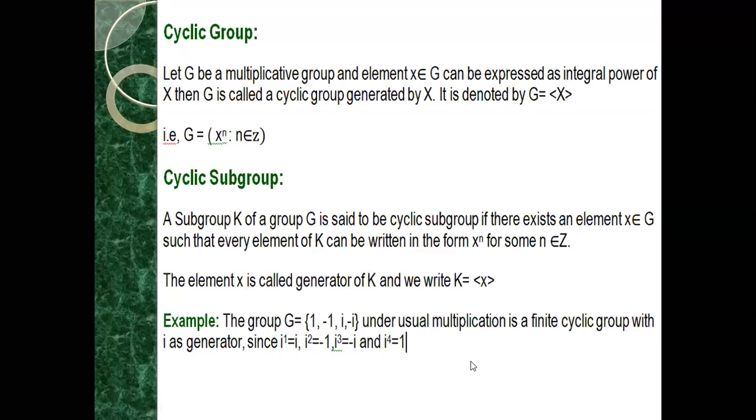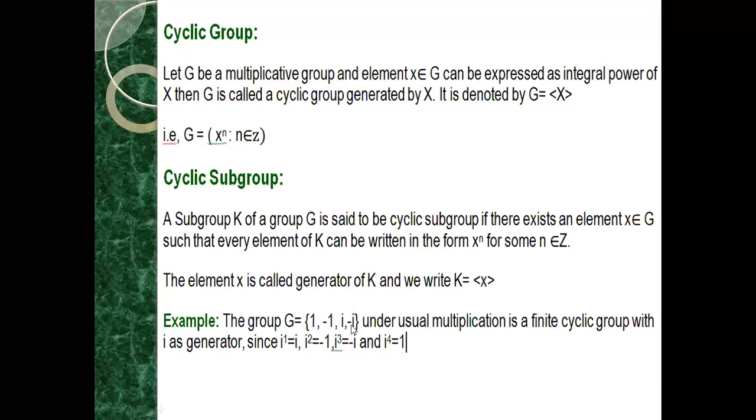Okay. So here i cube value is equal to minus i. So minus i. And i power 4 is equal to i square into i square. So minus 1 into minus 1, that is equal to 1. So the group G is equal to 1, minus 1, i, minus i, under usual multiplication, is a finite cyclic group with i as generator.